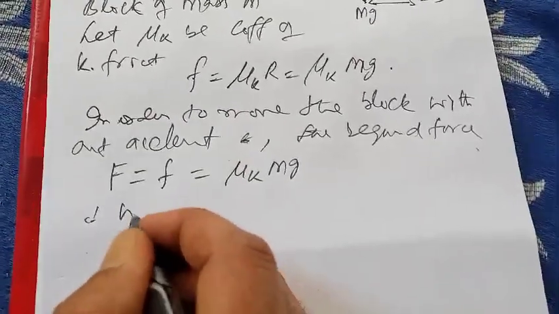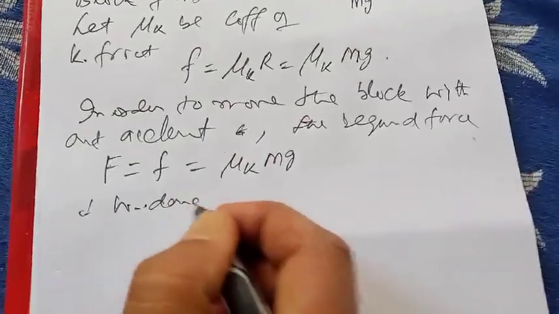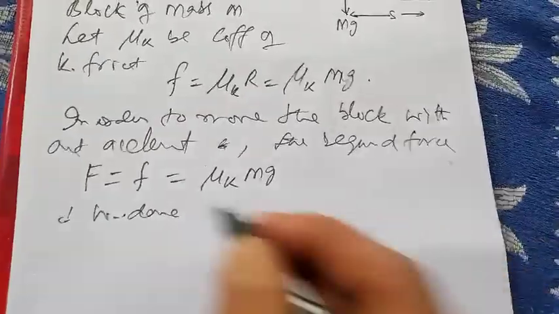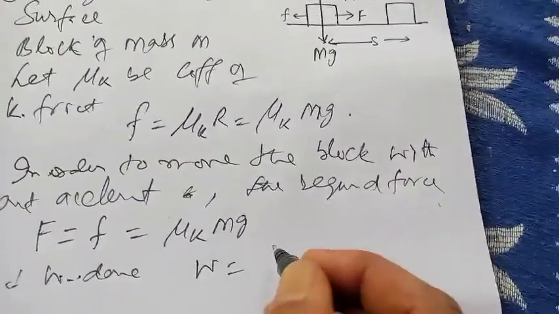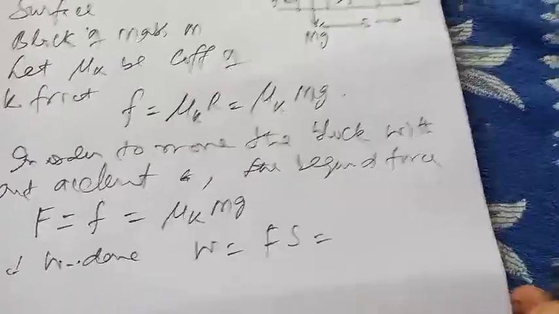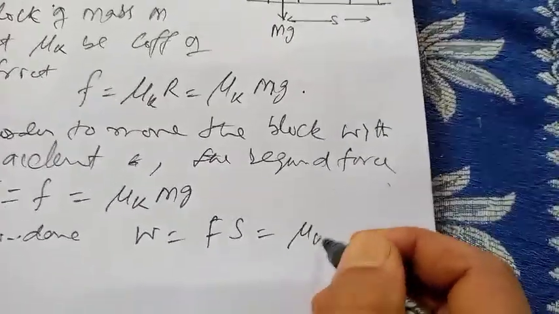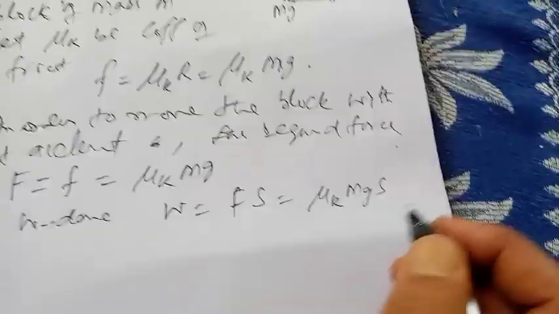Now, therefore, work done in moving the block through a distance s is given by W is equal to force into distance or displacement, that is equal to mu k mg s.